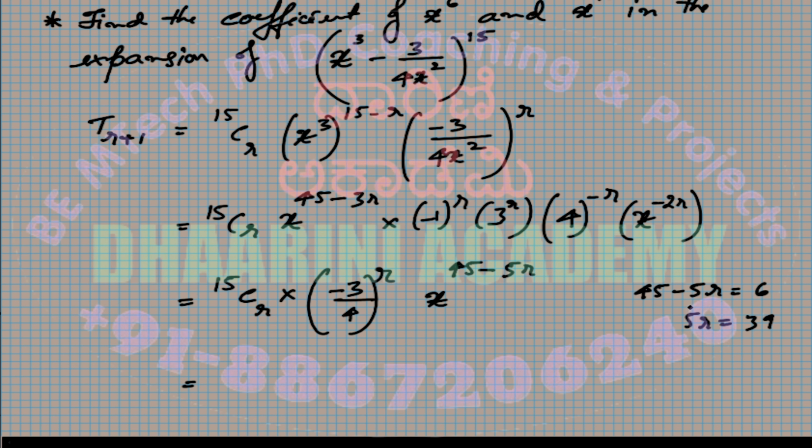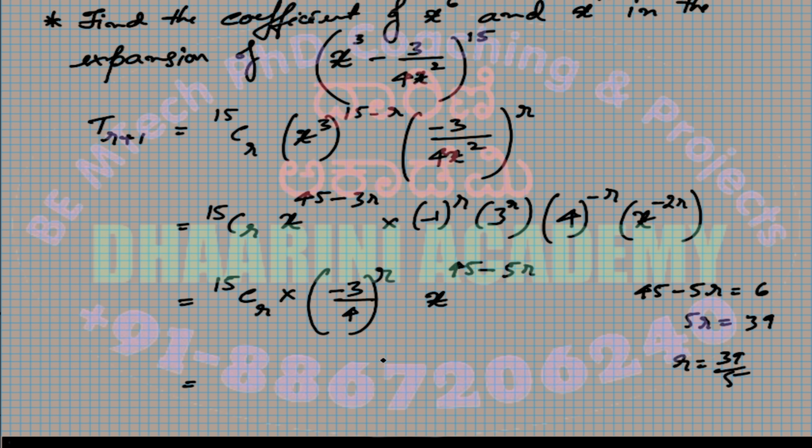Okay, now this is the important point. If you don't get a whole number as an answer, then there is no x to the 6 in the expansion. So 39 by 5, 40 by 5 is fine, but 39 by 5 is not a whole number. So r is equal to 39 by 5. It is not a whole number.